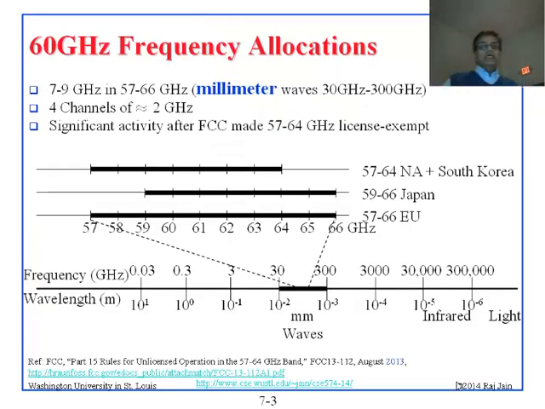60 gigahertz has been around forever, but the FCC gave it for, now I'm going to use the word unlicensed. The reason I'm going to use the word unlicensed is because yesterday I was reading the FCC document and they use unlicensed.